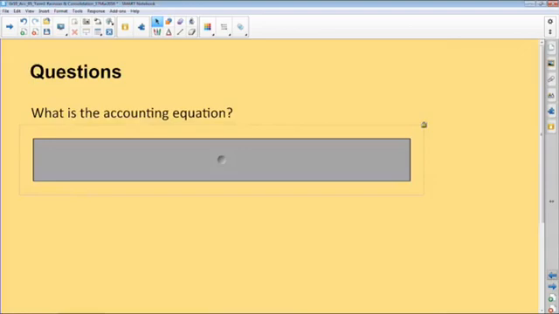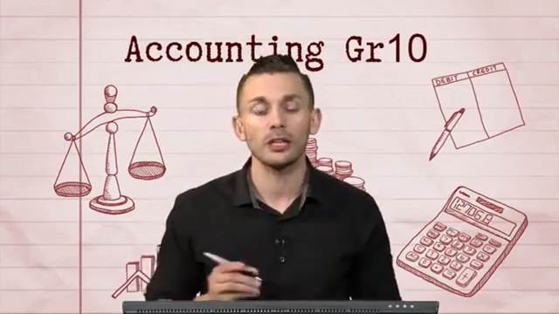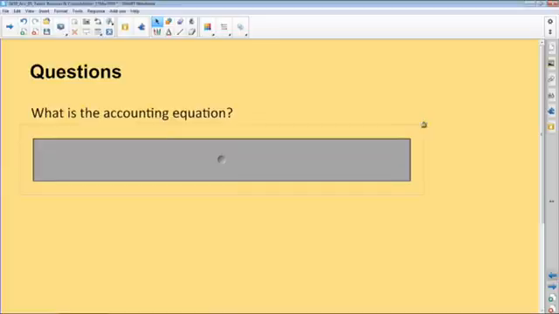I want to close off and let's look at if you can still remember the accounting equation. So I want to give you 30 seconds to quickly write down the equation for me, and then we'll continue.